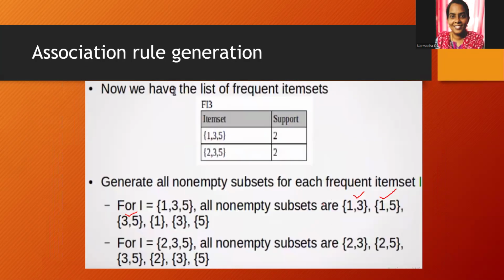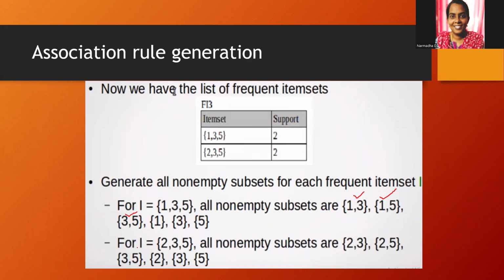So from this, whatever we have got till now are the frequent item sets that we got from the transactions. Now we have to generate all non-empty subsets for each frequent item set. If you consider the first item set, 1, 3, 5, the non-empty subsets are 1, 3, 5 separately, and the combinations 1, 3, 1, 5 and 3, 5.